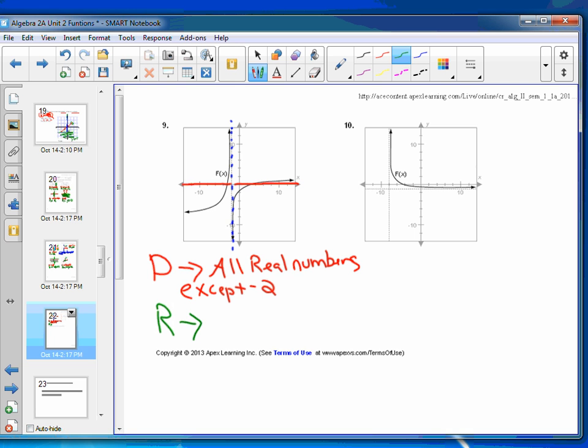My range then is going to be, if you look, there is no asymptote there. So all along here, all along there, there's always a point. So my range is all real numbers. Again, I'm going to use blue so you can see on here, and it's on your paper, you can see the dotted lines, that there's some more asymptotes here. So if I go to give my domain, this graph is going to approach this line but never cross it.